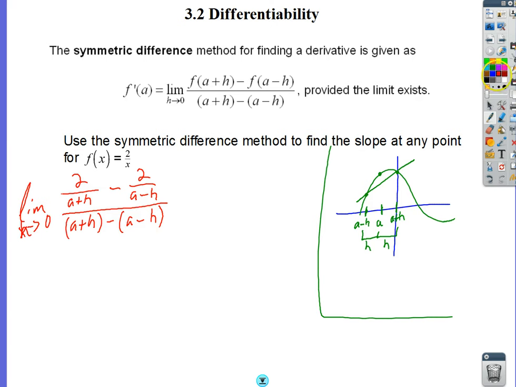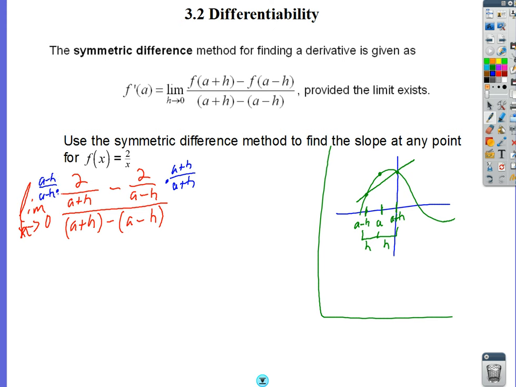That's all great. Now I've got a complex fraction, so I want to get a common denominator from the top here. So here we go, a plus h times a plus h. This one's going to be a minus h over a minus h.